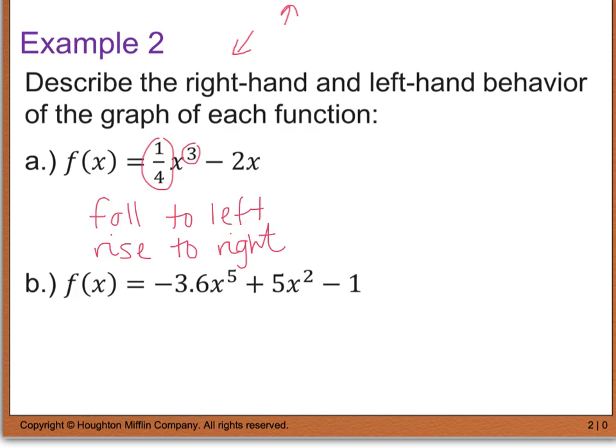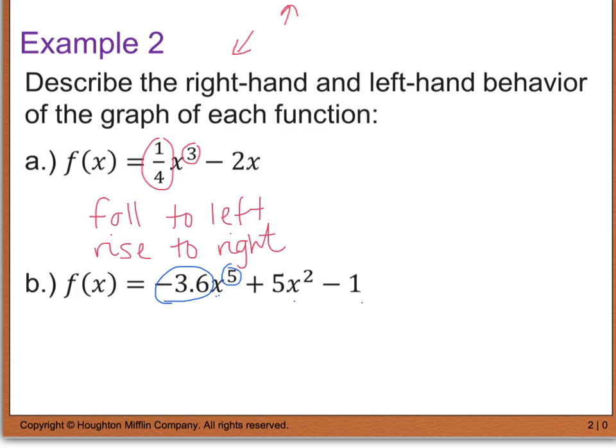Okay, now if we look at part B, you hopefully will look at this and realize you have a negative coefficient, and again we have another odd function. It's the leading coefficient of the highest degree. Like in this case, I don't care about the x squared, I don't care about the 1, I only want to know what that first term is doing, or the term that's attached to the highest power.